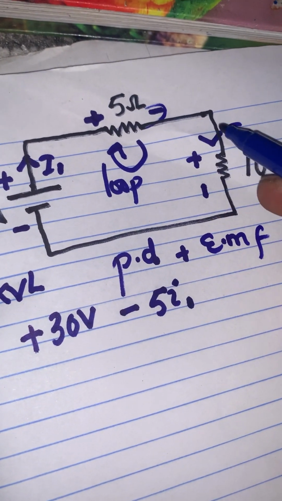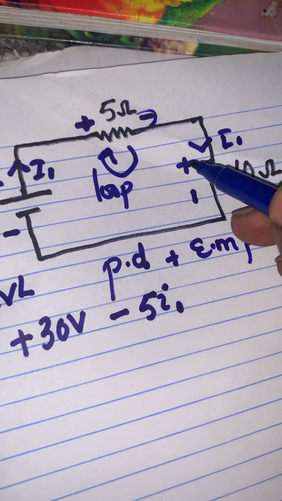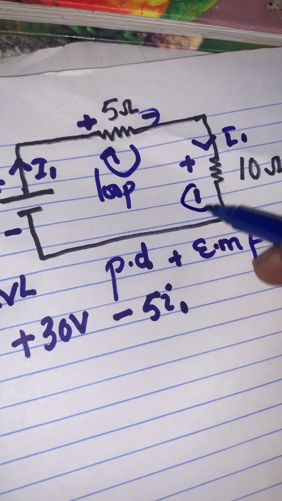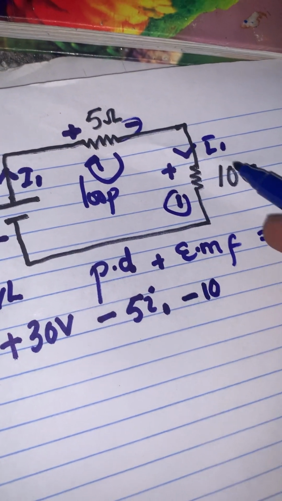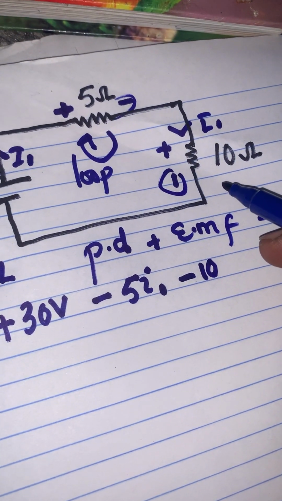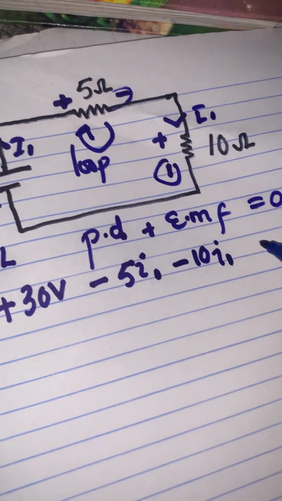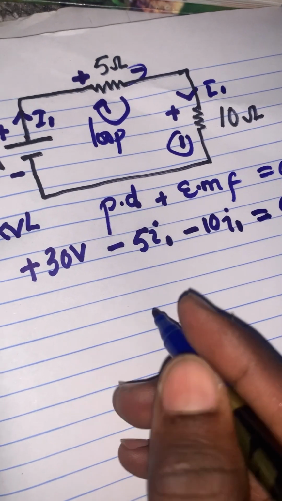We're still going. We come across a 10 ohm resistor. This is the first sign and this is the last sign. Leave the first sign, take the last sign. This would be negative 10, but I1 enters the 10 ohm resistor, so this would be negative 10I1. Then we set this equation equal to 0 and solve for I1.